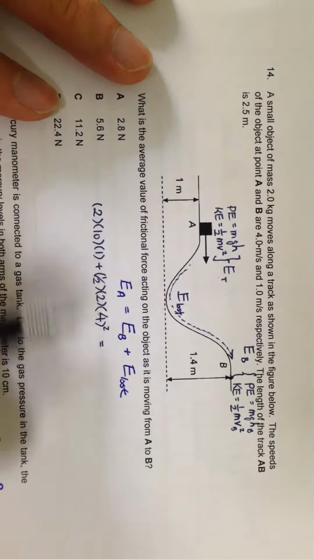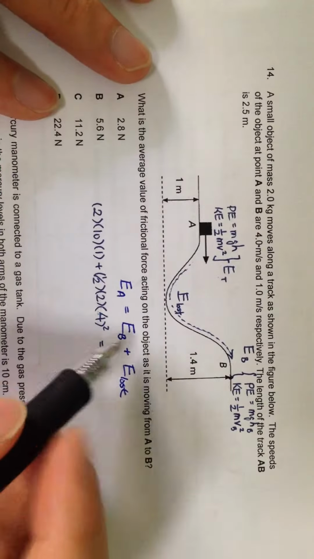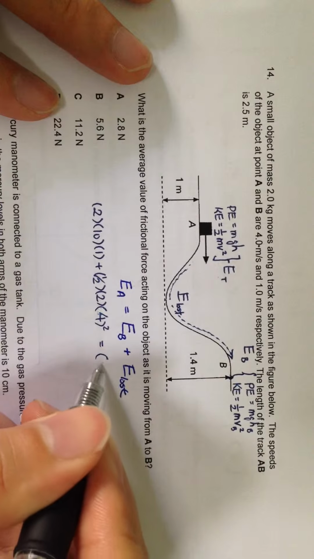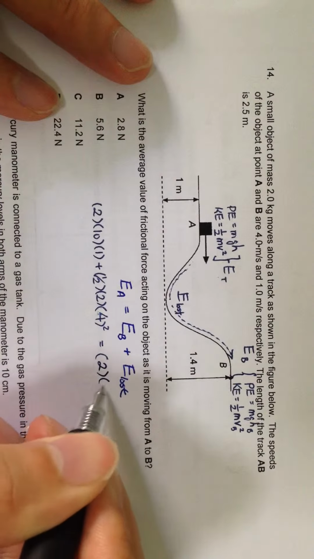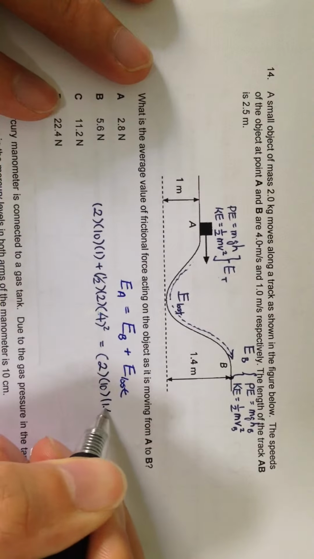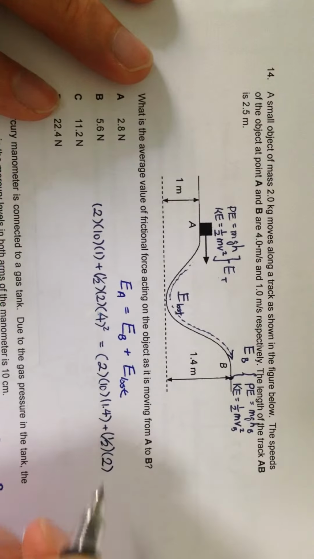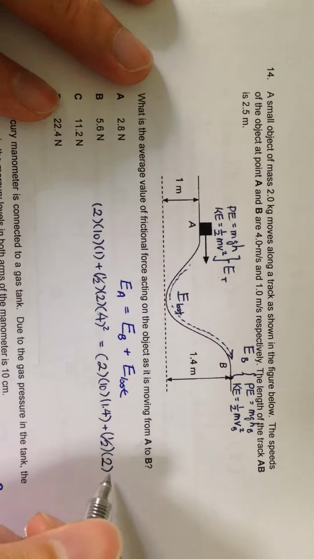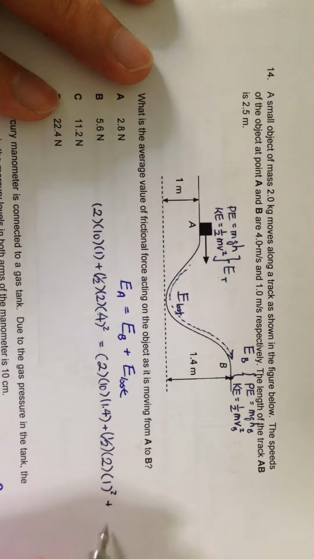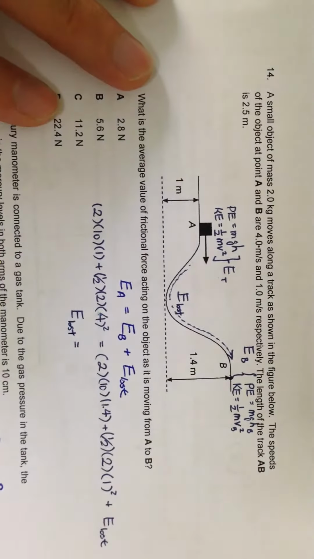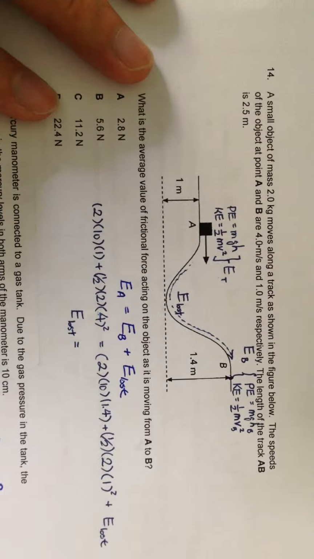The left hand side will be the total energy at A, and the energy at B, which is here, will be the mass, gravity, the new height, plus half m v squared plus whatever energy is lost. By solving this equation, you'll be able to find the E loss. So let's get this straightened out first before we move on.